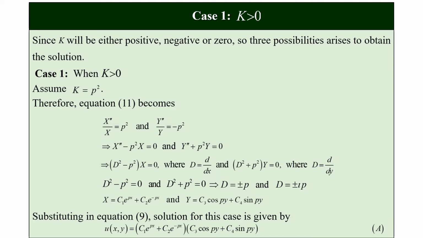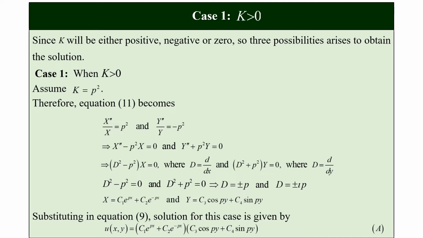After solving these equations and rearranging the terms, we have (D square minus p square) X equal to 0 and (D square plus p square) Y equal to 0. Its auxiliary equation is given by D square minus p square equal to 0, and the auxiliary equation of the second is D square plus p square equal to 0.